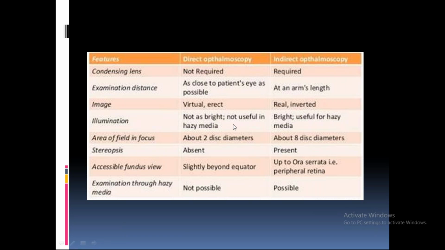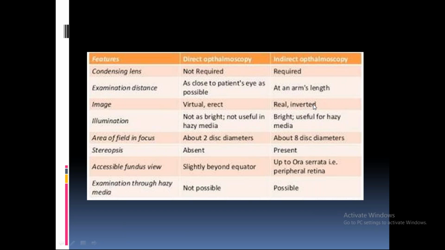In direct ophthalmoscopy, illumination is not as bright and it is not useful in hazy media. Illumination is bright and useful for hazy media in indirect ophthalmoscopy. The area of field in focus is about 2 disc diameters in direct and about 8 disc diameters in indirect ophthalmoscopy. A larger field of area is examined in indirect ophthalmoscopy.